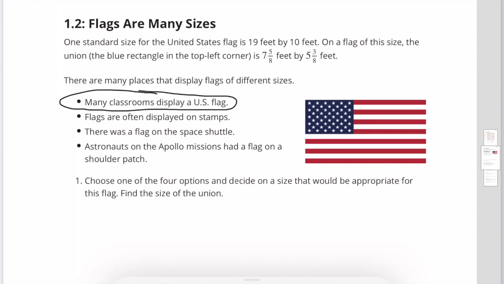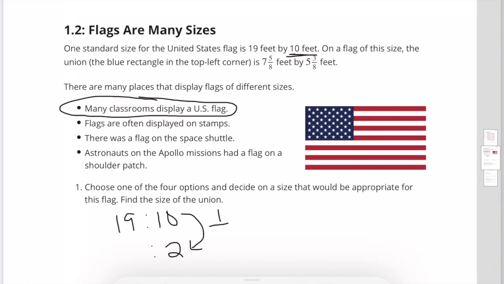Okay, so let's just say I wanted the side that was 10 feet to be 2 feet. It was 19 to 10, and I want this side length to now be 2 feet. So 10 times what is 2? I know 10 divided by 5 is 2, so therefore 10 times the reciprocal, 1/5, is 2.